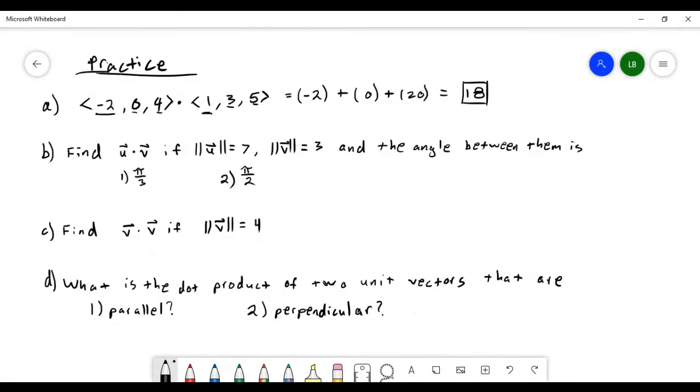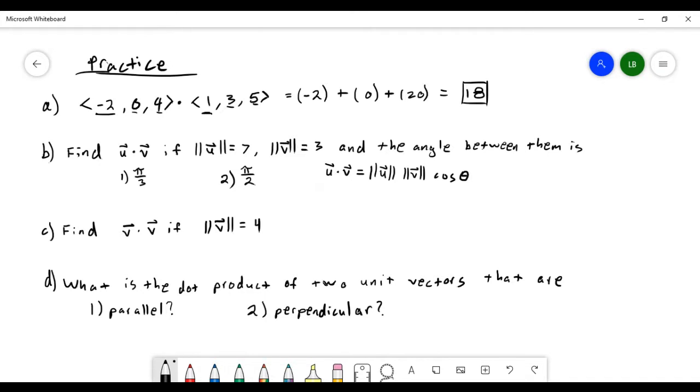All right, let's take a quick look at this. So you remember we have our handy dandy dot product formula. In this case, the cosine of theta is really the only thing that's going to change.